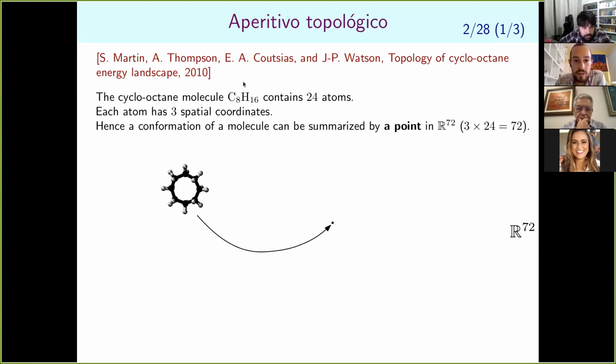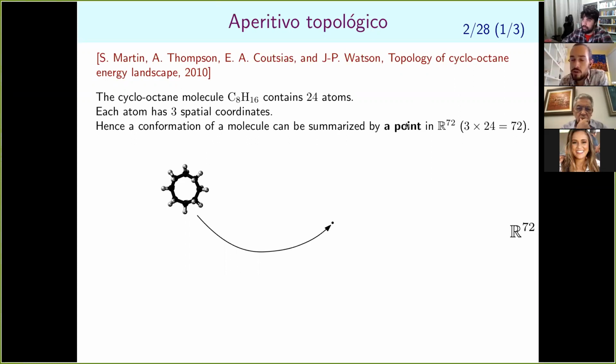This is a molecule that contains 24 atoms, 8 of carbon and 16 of hydrogen. And due to spatial constraints, due to the physical forces in game, several conformations, several configurations of molecules are allowed. And we'd like to understand how these conformations behave.